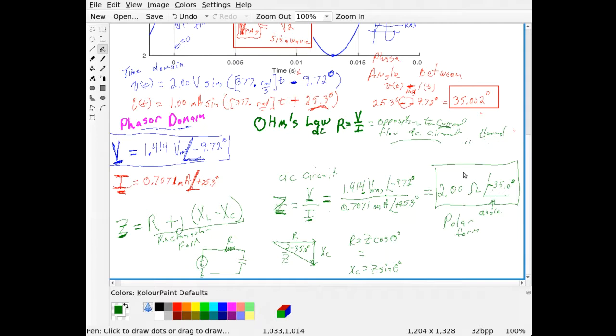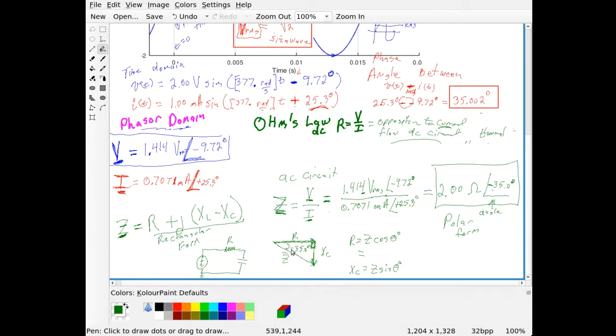Okay, and I can calculate what the value of resistance is, and that just comes from Pythagorean's theorem, right? So this is why you have to take trigonometry for this class. Because you have the resistance and you have the reactance, and this is a right triangle here, okay?